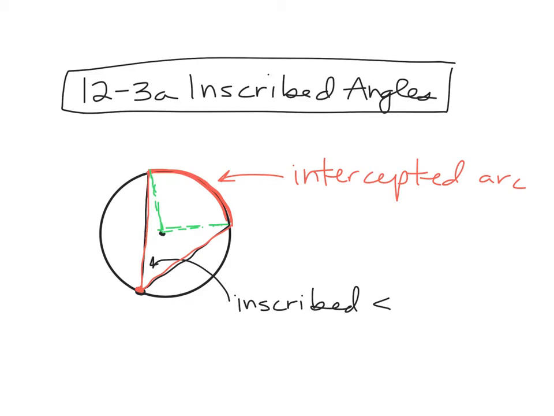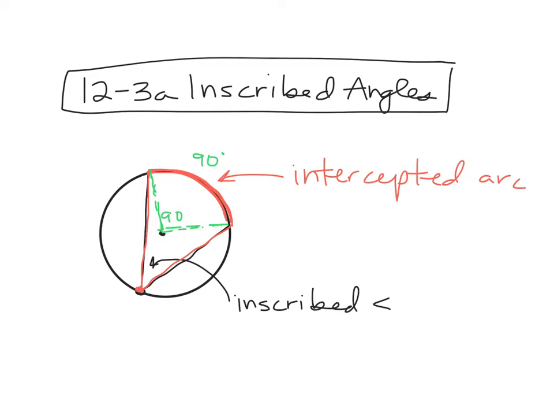The angle equals the arc. So if this is 90 degrees, then this arc is 90 degrees, right? That's central angles. Today we're talking inscribed.